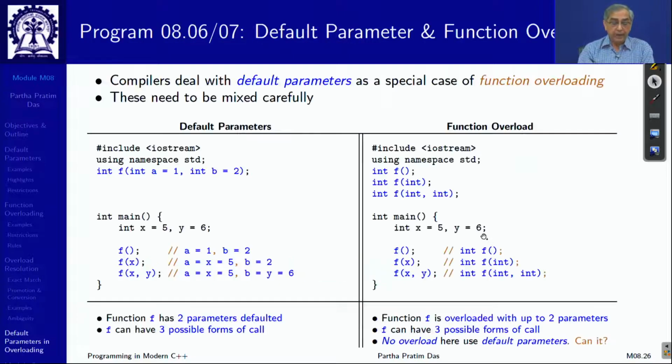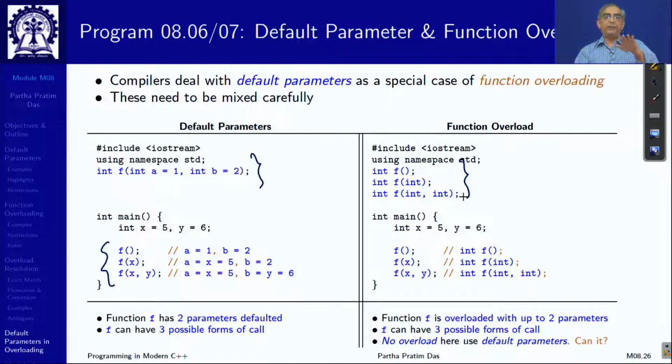Now, naturally you can have default parameters also with function overloading, or rather the default parameter mechanism itself is a function overloading. Because if you look at this, then there are 3 possible ways to call it, which means that if you had 3 different overloaded functions, you would have had the same behavior, right.